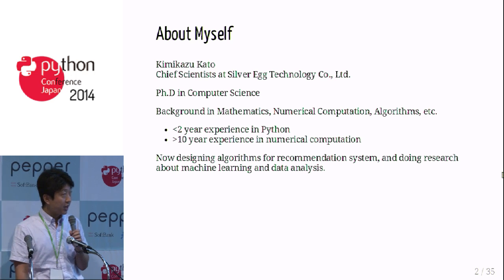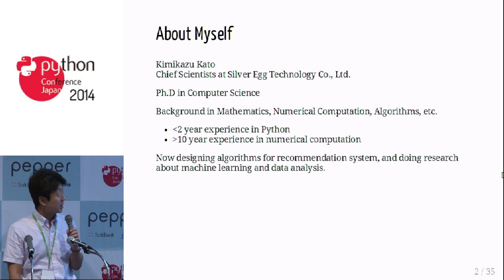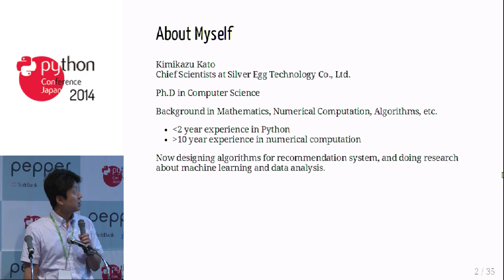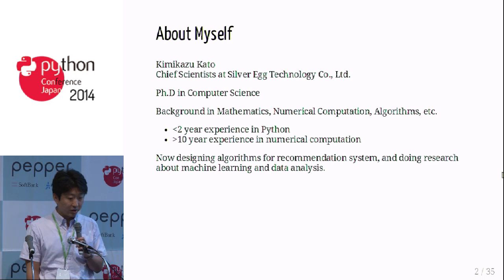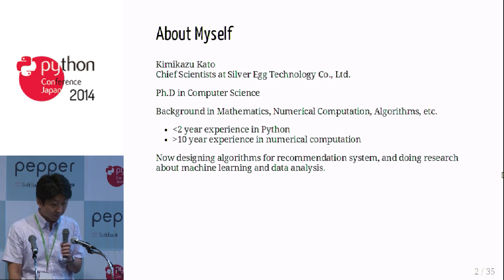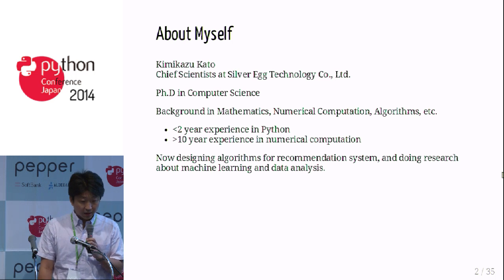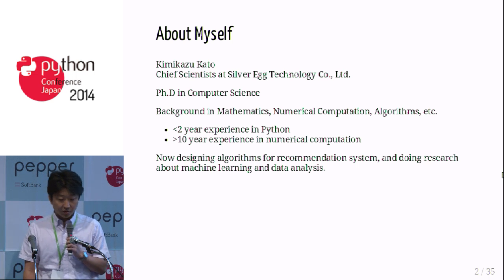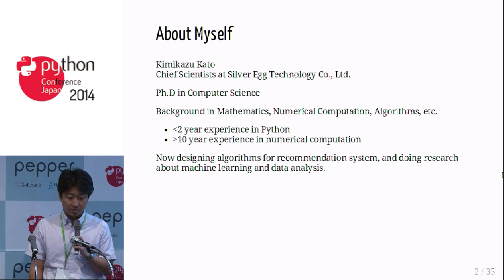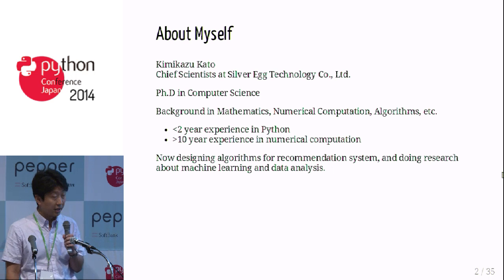But even before that, I used other languages to solve numerical mathematical issues. I have more than 10 years experience in numerical computations. Now my main job is designing algorithms for recommendation system, and also doing some research about the machine learning and data analysis.